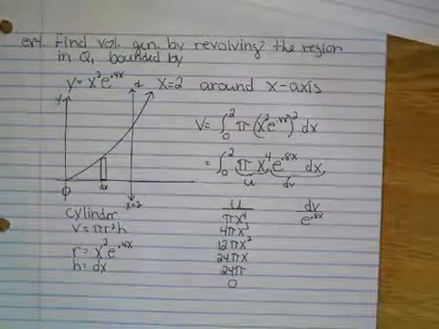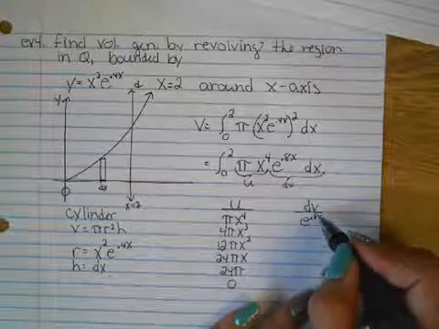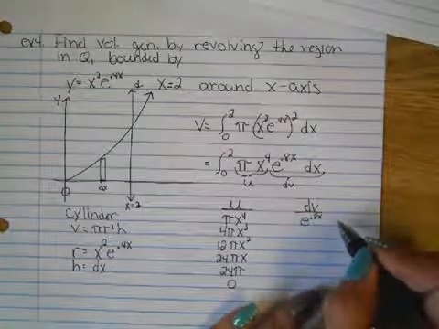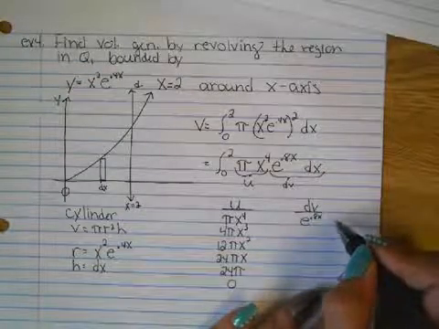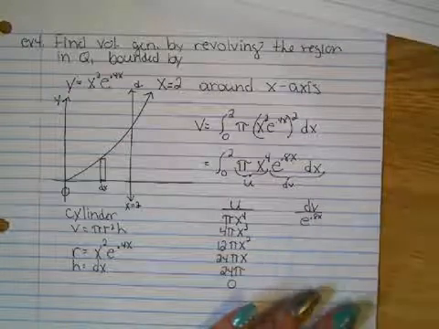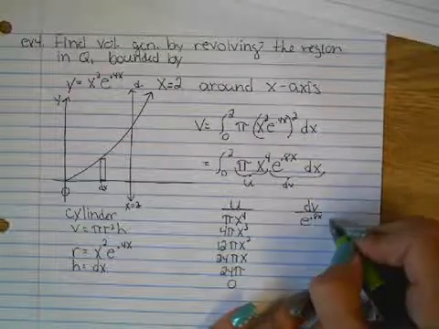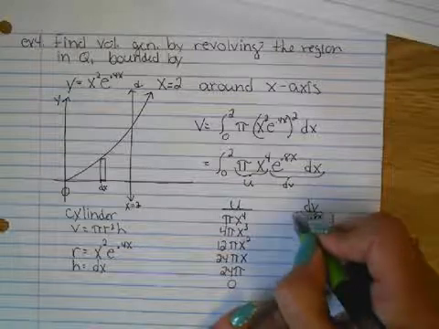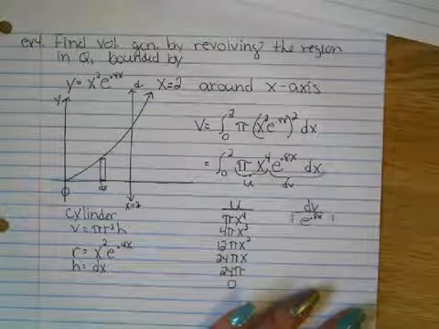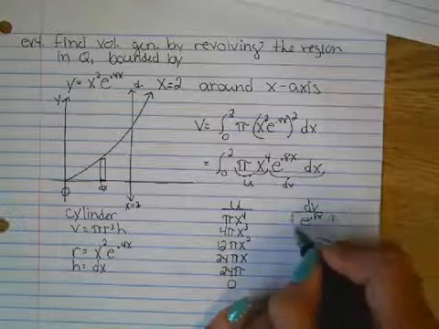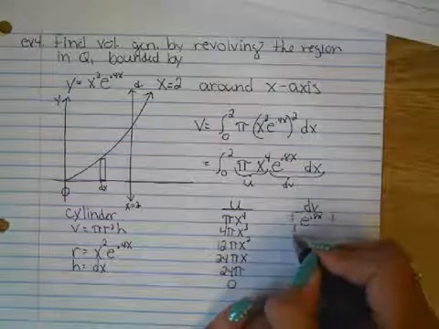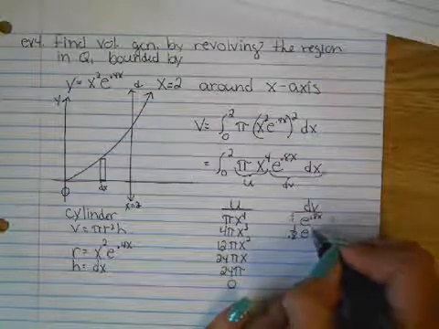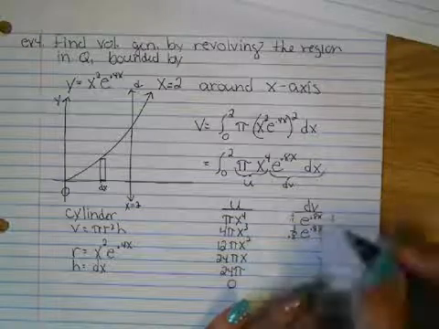Okay, antiderivative here. Remember, you need the derivative of this next to the dx. So I need a 0.8 over here. So I need a 1 over 0.8. So the antiderivative will be 1 over 0.8 e to the 0.8x.